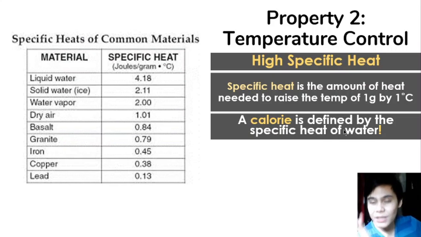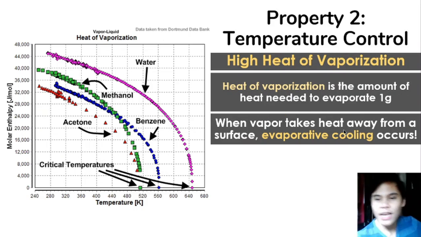The high specific heat of water means that you need more energy to raise the temperature of water than most other substances. And couple that with high heat of vaporization, meaning the amount of heat needed to evaporate 1 gram of your substance, it means that it takes a lot of energy to turn it into a gas.